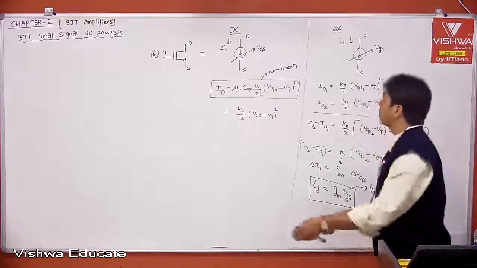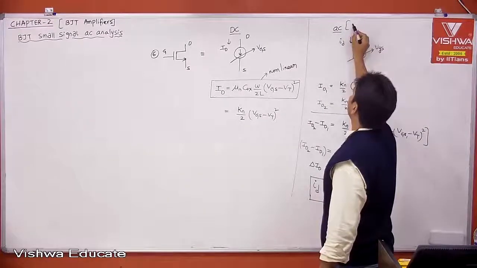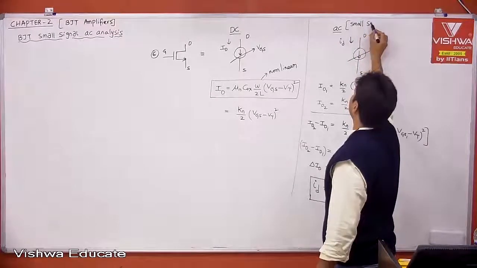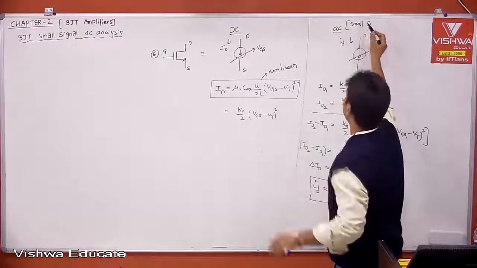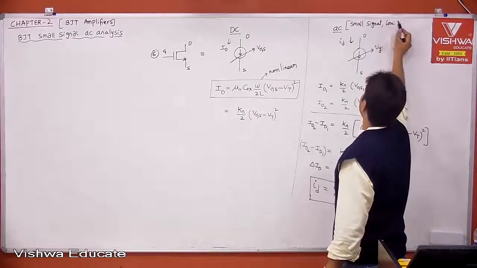Maybe just to correct, you can say this is what is AC, right? I'm just correcting something. Maybe you can write in the previous points 1, 2, 3, 4, 5 and all: small signal, low frequency.